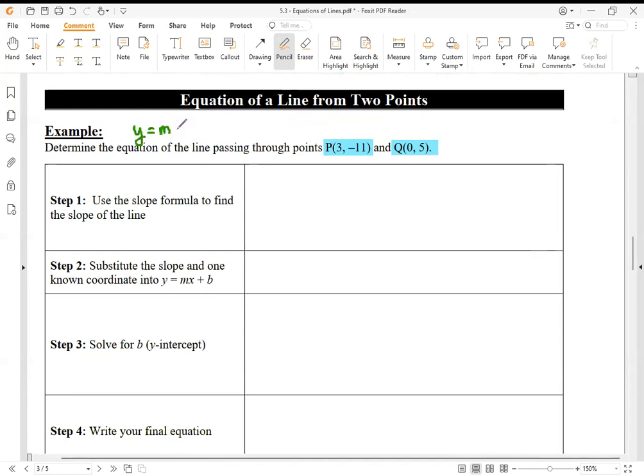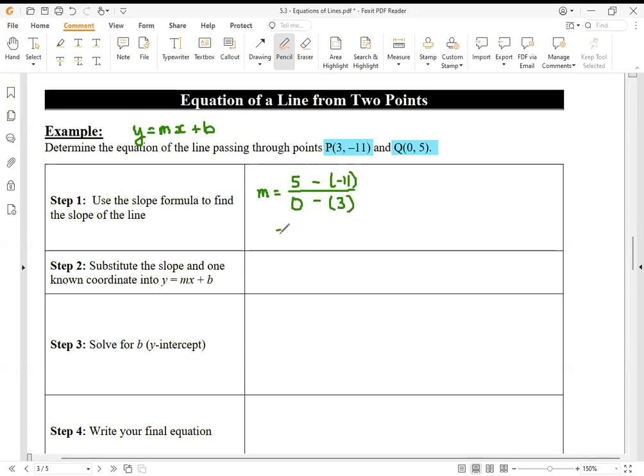I need slope and I need y-intercept. So if I give you 2 points, the amount of work you have to do is a little bit more. First off, let's find slope. Equation. I'll just do that. 5 over 0, because 5 is the y value, 0 is the x, minus, minus negative 11 is the y, positive 3 is the x.